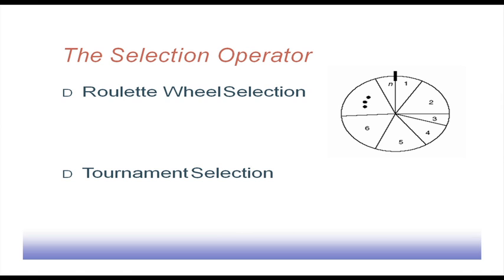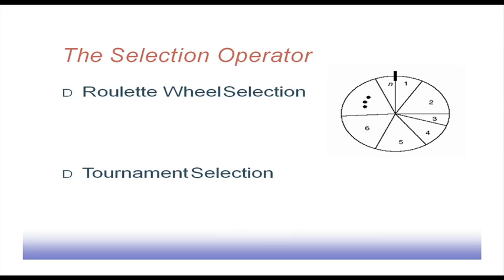Another selection process is known as tournament selection. It is between two individuals. You randomly select two individuals from the population, and whichever is better wins and is finally selected. For example, if it picks individuals 1 and 5, and 5's fitness is better than 1, then individual 5 qualifies for the crossover operator.